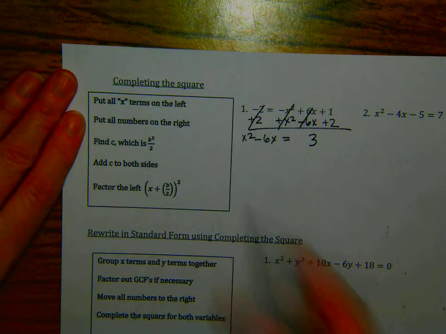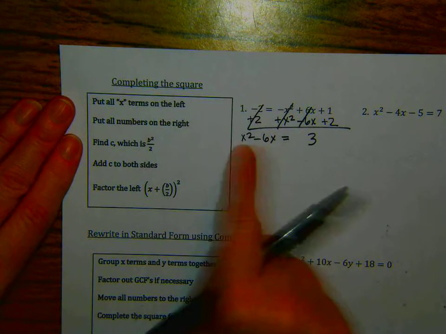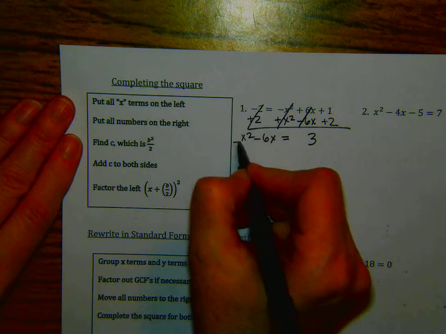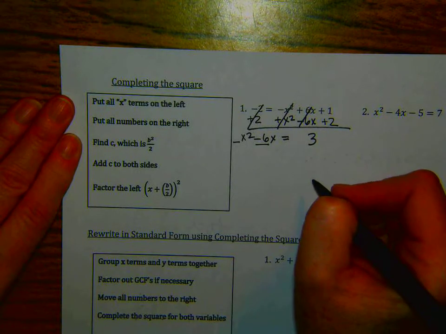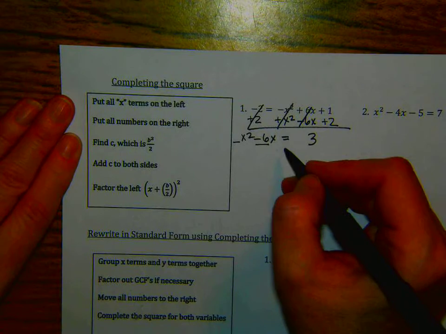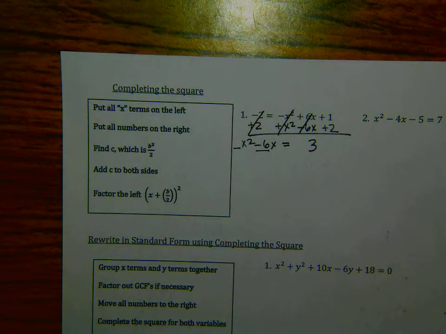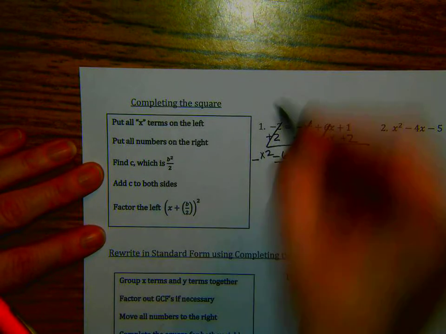Okay, now what do I do? I find C, all right? I don't have a C. I have A is 1, B is negative 6, and I don't have a C. Okay, I've moved all the numbers to the right, so I have no C. I need a C. So what is C going to be? Let's go up here to do a little scratch work.